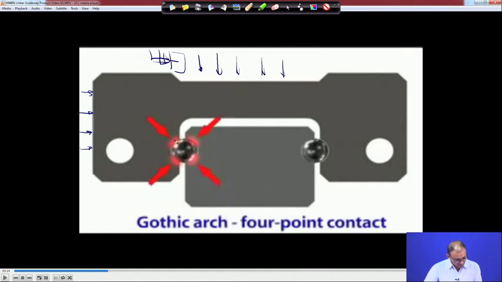So, there are 4 different types of contacts, this contact 2, 3 and 4, and you are using a single ball on both sides. That is why it is called the 4-point contact at this location. 2 balls are there and both balls have 4 contacts, 1, 2, 3 and 4. 2 are on the rail side and 2 are on this bottom fixture side. So, this is called a Gothic arc 4-point contact.